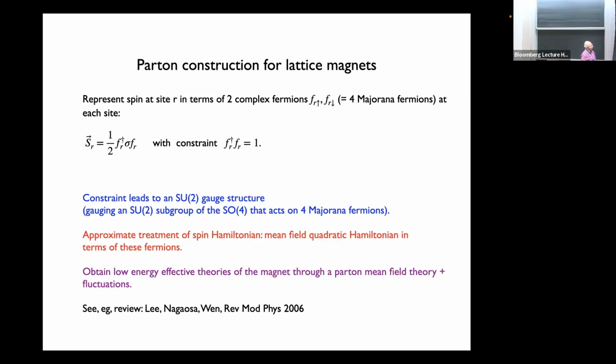You have to do fluctuations beyond the mean field. And the fluctuations will naturally involve some sort of gauge fields because the original representation had a gauge redundancy. And you obtain low energy effective theories of the magnet through a parton mean field theory plus these fluctuations. So that's again a well-known construction in condensed matter physics, and there are reviews, which themselves are ancient now, which describe this procedure in great detail. Okay.